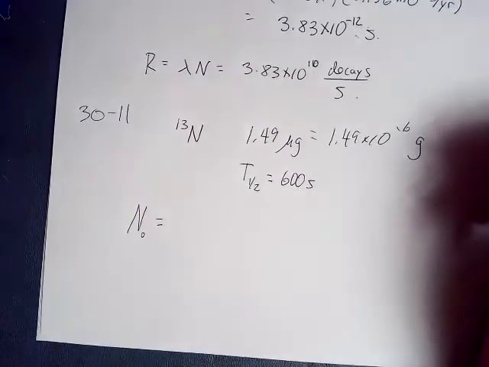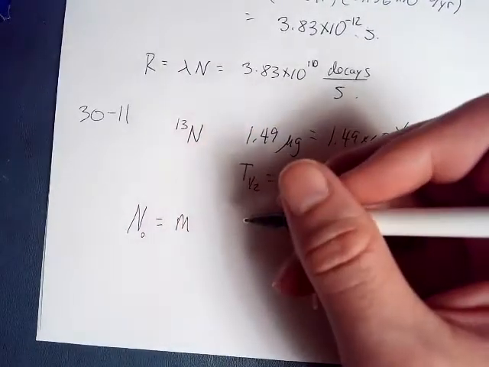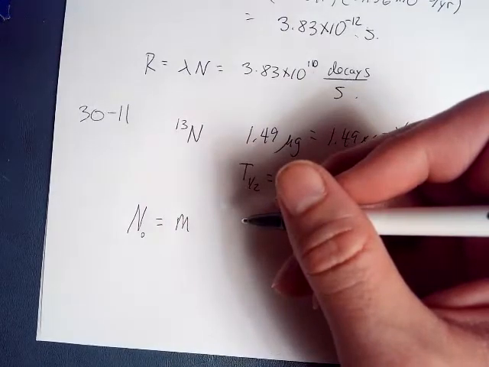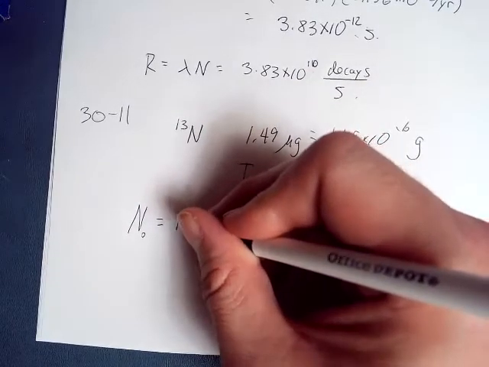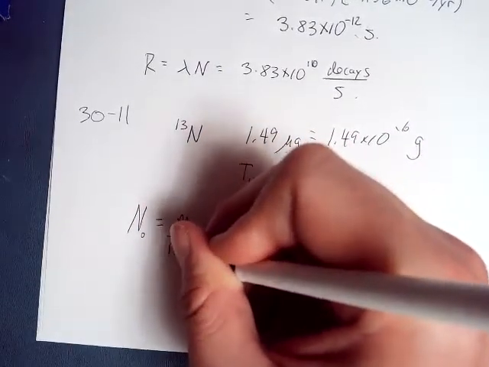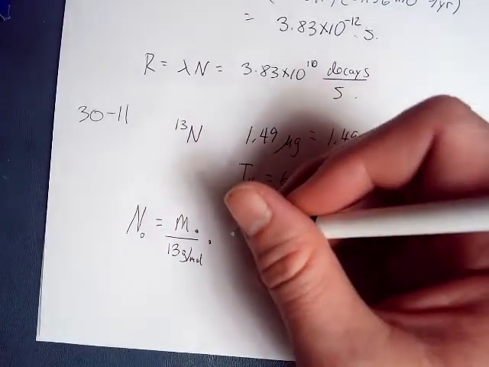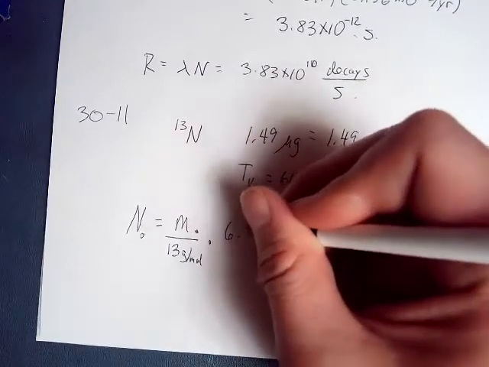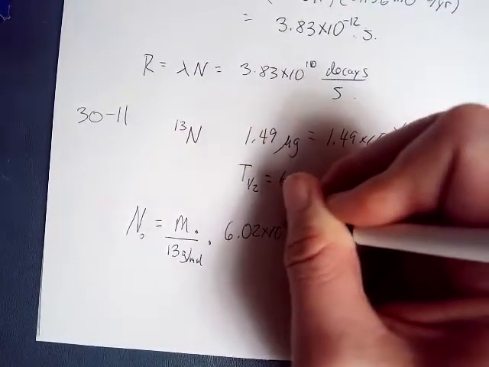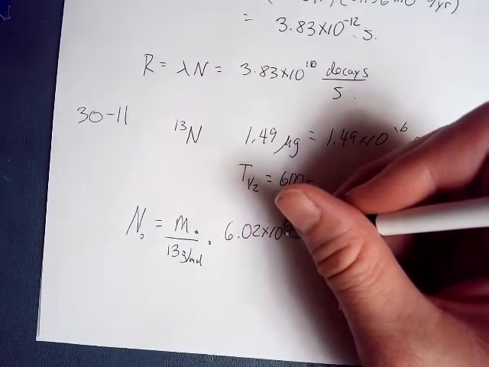Okay, so think, we kind of have to deal with moles here. So remember, if we take our mass in grams, divide that by, for nitrogen, 13 grams per mole, and then multiply by Avogadro's number, which is particles per mole.